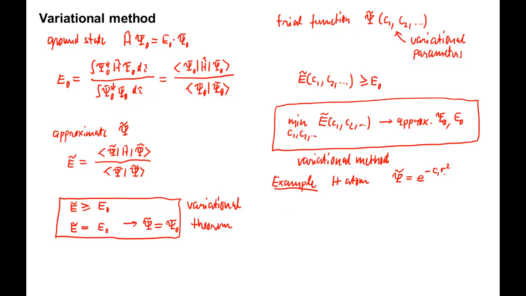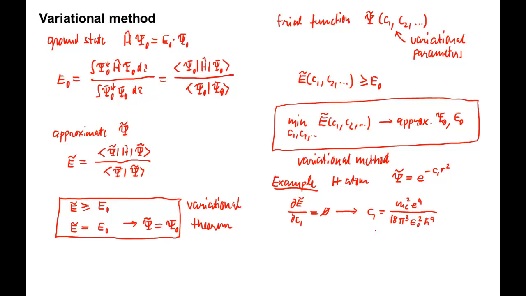We can calculate E tilde and then determine its minimum with respect to c1 by setting the derivative dE tilde/dc1 equal to 0. The solution is c1 equals m e squared e to the fourth divided by 18 pi cubed times epsilon 0 squared times h bar to the fourth.